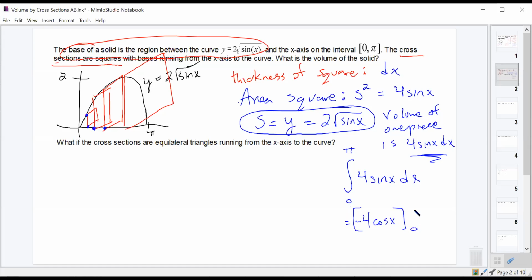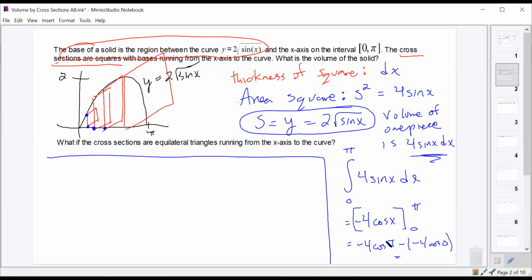Exactly, evaluated from 0 to pi, which should be -4 cosine pi minus -4 cosine 0, which is what? Cosine of pi is -1, right? So -4 times -1 is 4. And then minus another -4 should be 8 units cubed. Does that make sense or no?